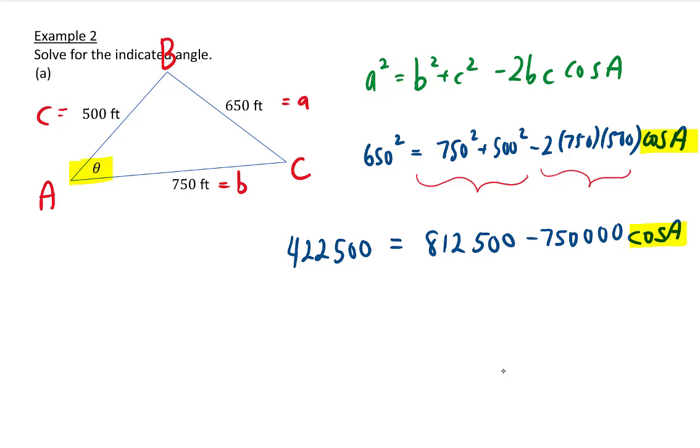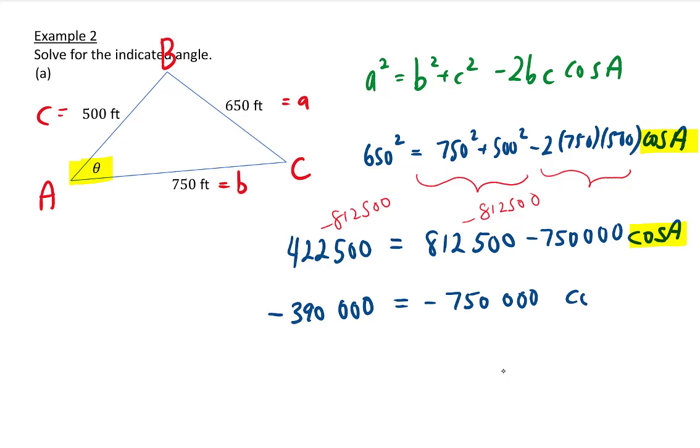But I still need to get the cosine A by itself. So the first step to do that is to get rid of the 812,500 from both sides of the equation. And for this example, it gives me negative 390,000 on the left side when I subtract 812,500 equals negative 750,000 cosine A's. Again, I still need to get cosine A by itself.